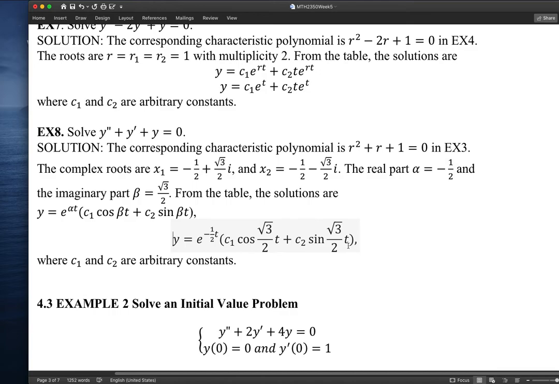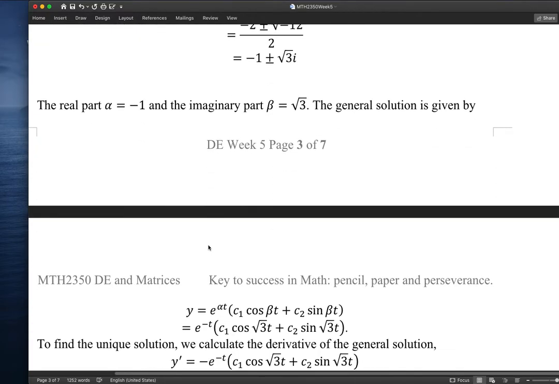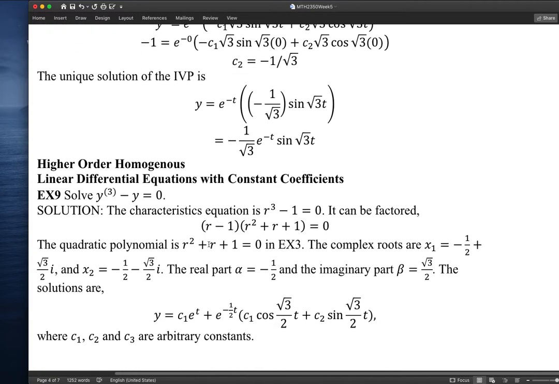And before I move on to the next example, I figured out that example 9 might better fit what I typed on the notes, because example 9 is really closely related. What I want to say here is I hope you can tell for now, a second order homogeneous differential equation is solved basically from a quadratic polynomial.